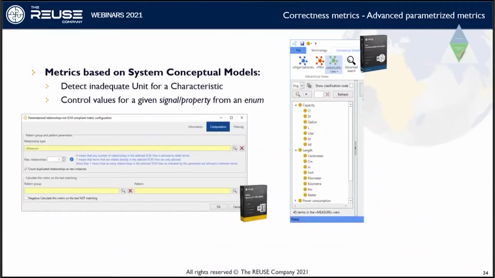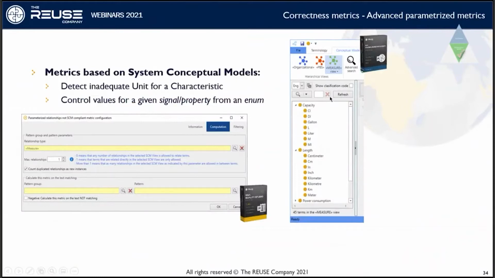So now let's go to some advanced parameterized metrics that we can set up in the tool. We can set up metrics based on the system conceptual models. For those who are familiar with the KM, the Knowledge Manager tool, the system conceptual models is the second layer of our knowledge ontology, in which we define relationships between the vocabulary elements.